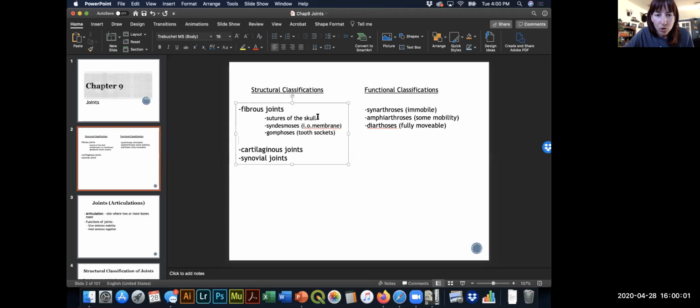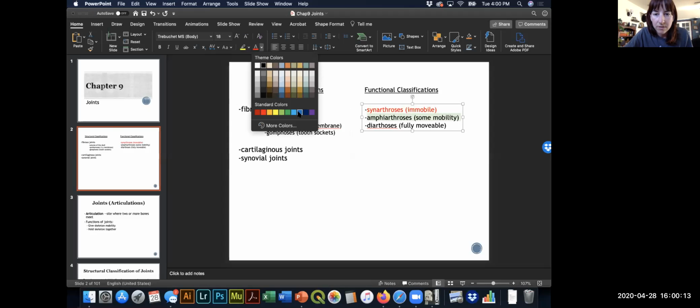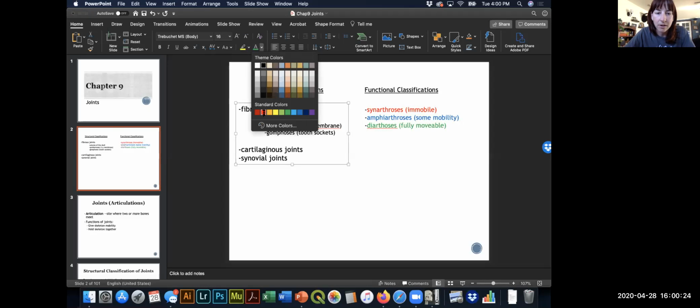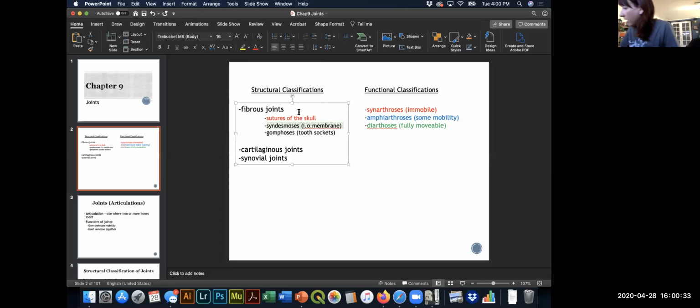I'm going to call them interosseous membranes. I hope it's okay if I break that down a little bit. And gomphoses, which are your tooth sockets, right? Okay. So your synarthroses are not movable, your amphiarthroses are semi-movable, and your diarthroses are fully movable, right? The sutures of your skull are synarthrotic. The syndesmoses, those interosseous membranes, are amphiarthrotic.